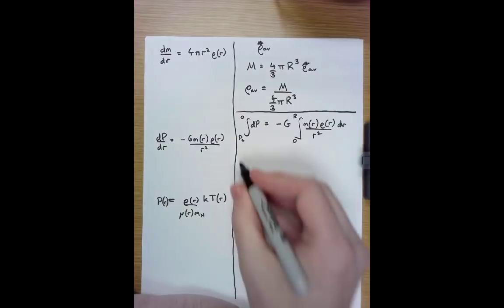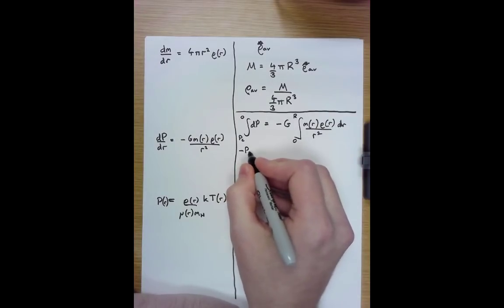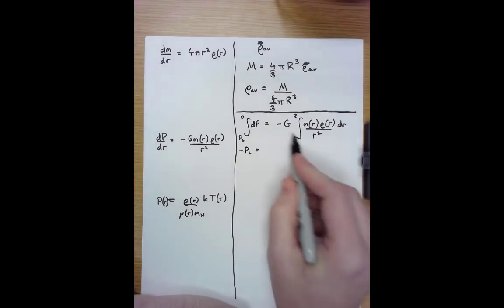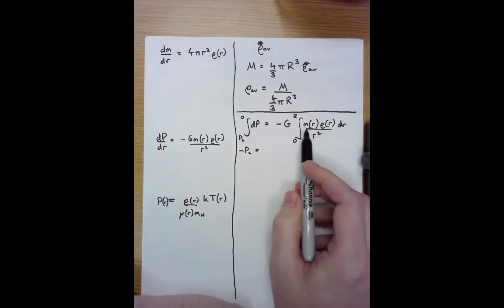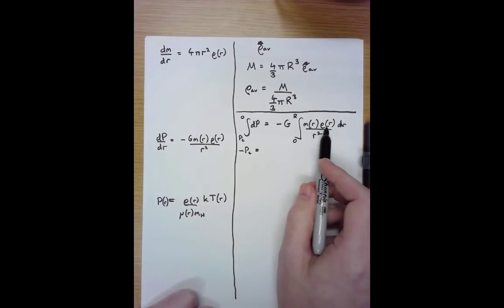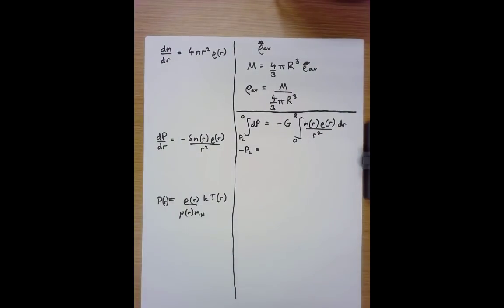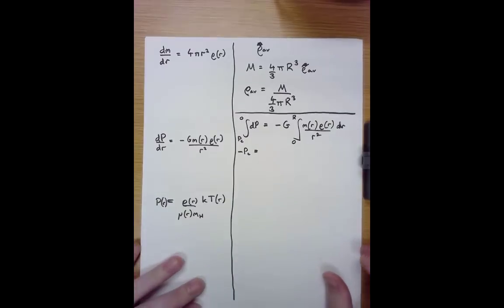So this side we can integrate immediately. dP integrates to P, putting in the limits, we get minus PC. Over on this side, to integrate this, we either have to know how mass and density vary with radius, or we need to make some estimate or approximation.